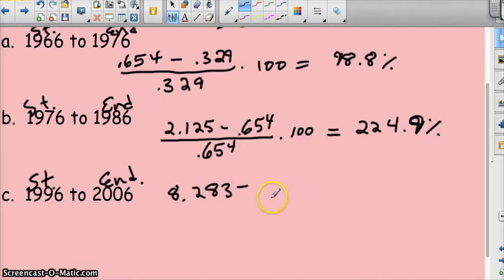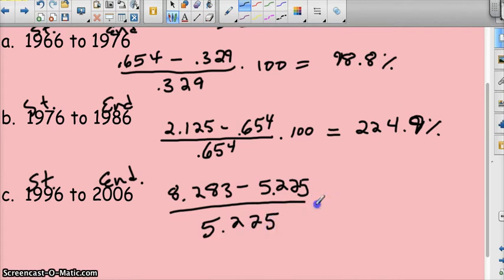Our starting point was 1996, which was 5.225. We divide that by the starting point, 5.225, and then we multiply it times 100. If done correctly and rounded appropriately, this should produce a result of 58.5. That's 58.5% that it increased by.